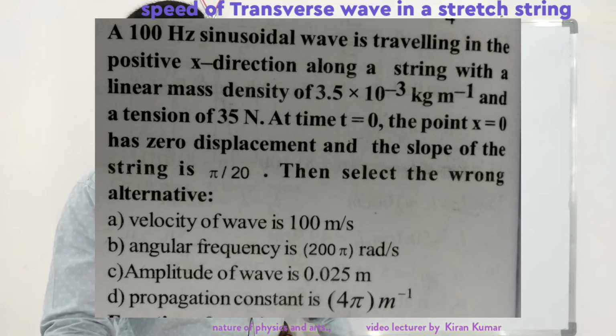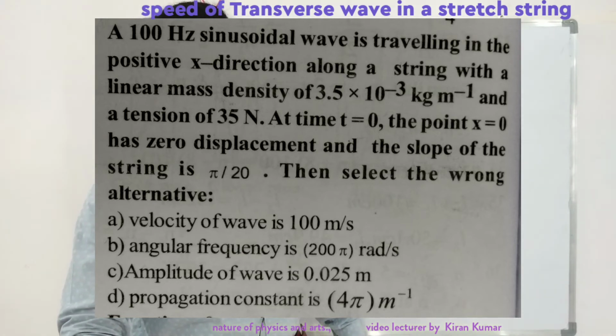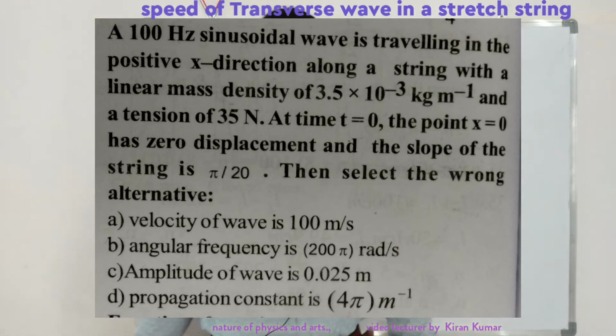Then select the wrong alternative. First option given, velocity of the wave is 100 meter per second. Second option, angular frequency is 200 pi radian per second. Third option, amplitude of the wave is 0.025 meter. And fourth option, propagation constant is 4 pi per meter.